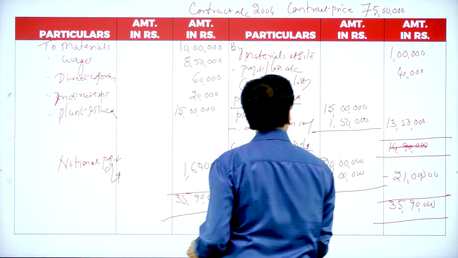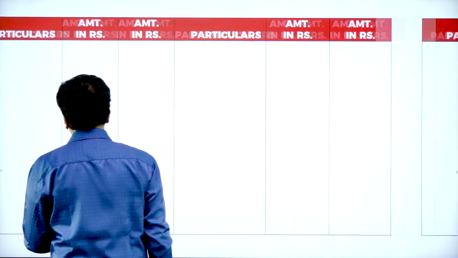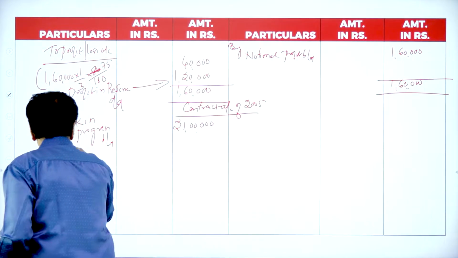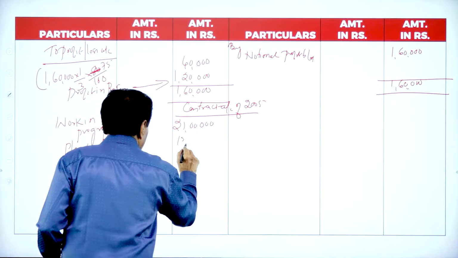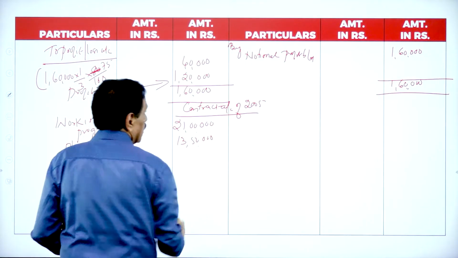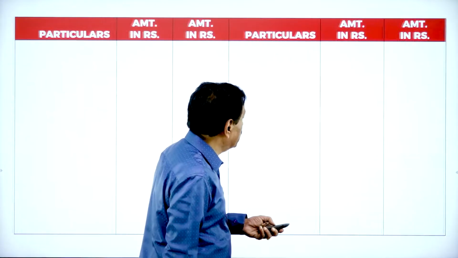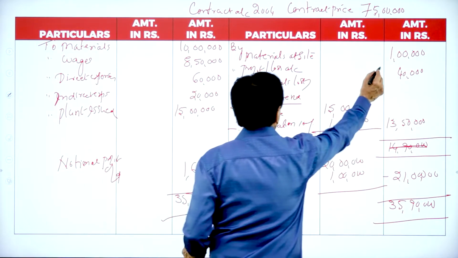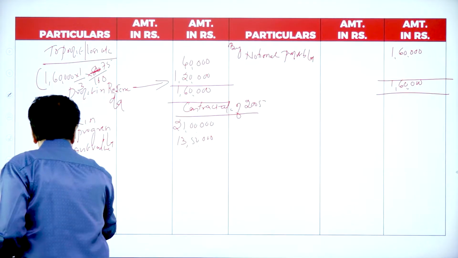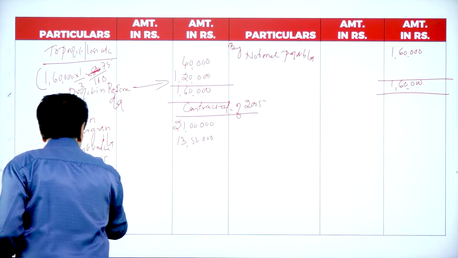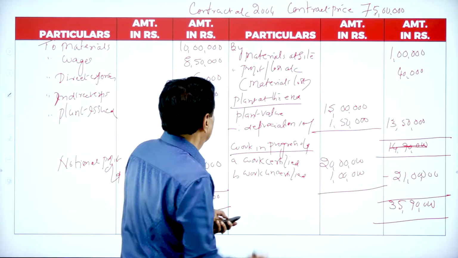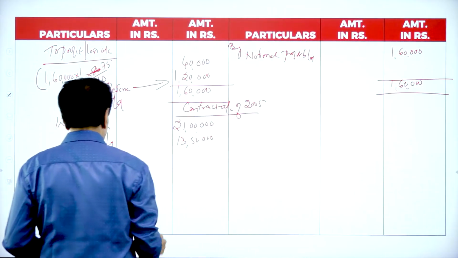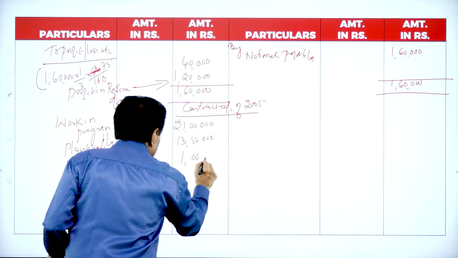What's your plant value? 13 lakh 50,000. What's your closing balance of last year then? Here, materials at site. What's your material at site? 1 lakh brought down.